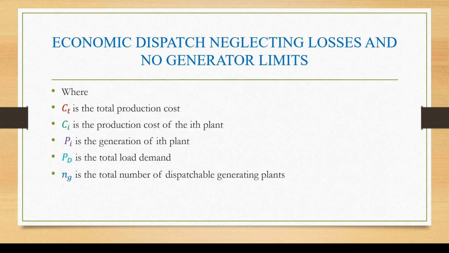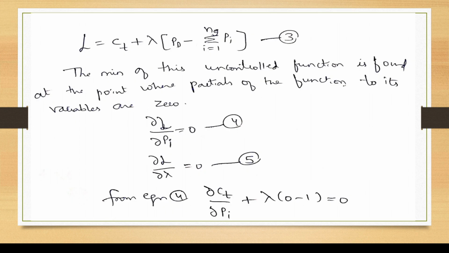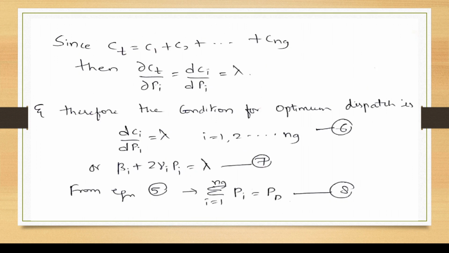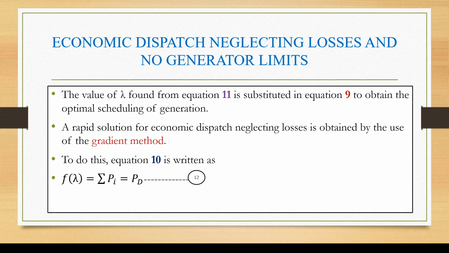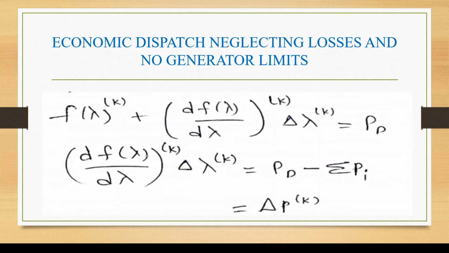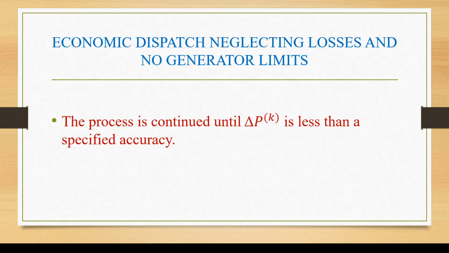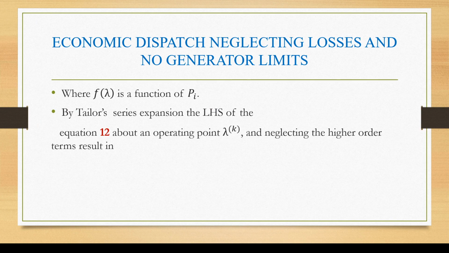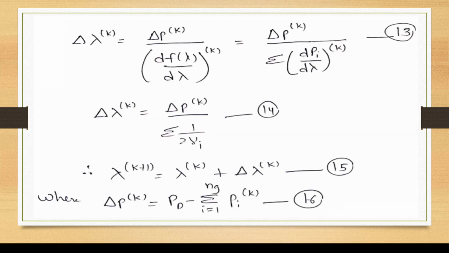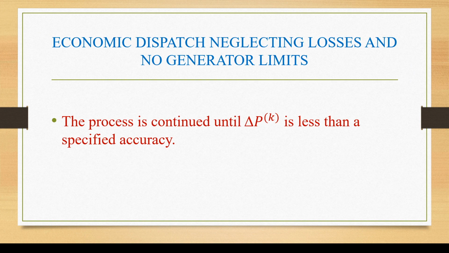We have seen what CT, Ci, Pi, PD, Ng and n are. Then we have seen the coordination equations, the economic dispatch with and without generator limits, and the gradient method to find the solution.